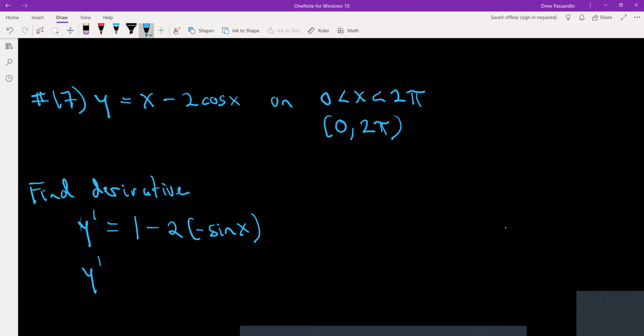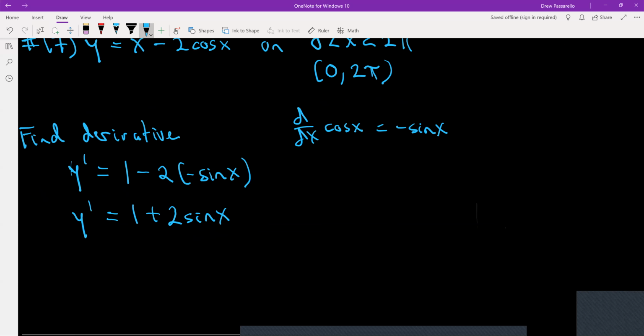So y prime is equal to 1 plus 2 sine x. At this stage, we should be familiar with all of the derivative rules. So the derivative of cosine is negative sine. All right, so that's how we find the derivative.